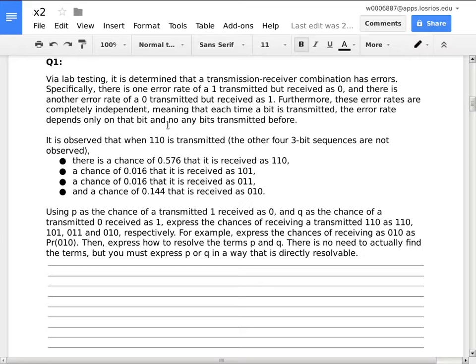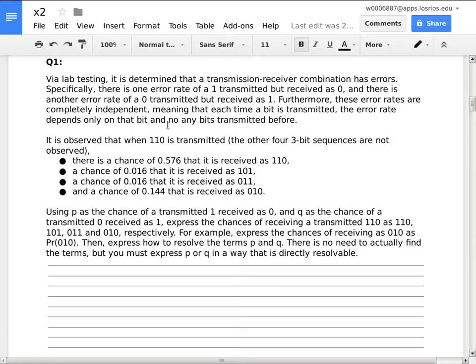Furthermore, these error rates are completely independent, which means each time a bit is transmitted, the error rate depends only on that bit and no other bits transmitted before, which makes the analysis a bit easier because it's not context sensitive. It is observed that when 110 is transmitted, the other 4 3-bit sequences are not observed.